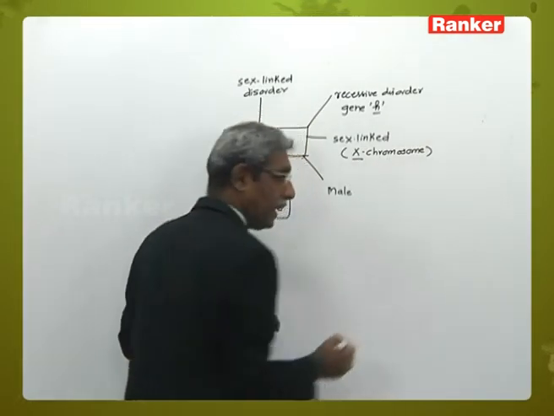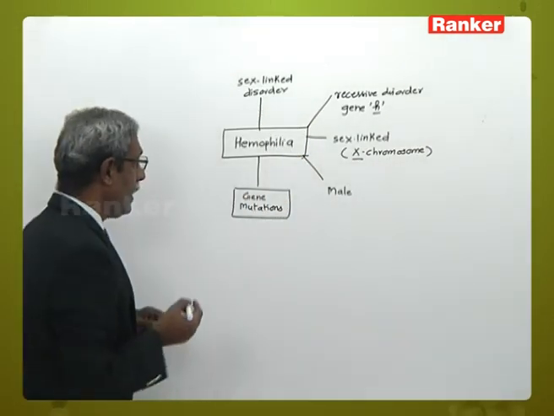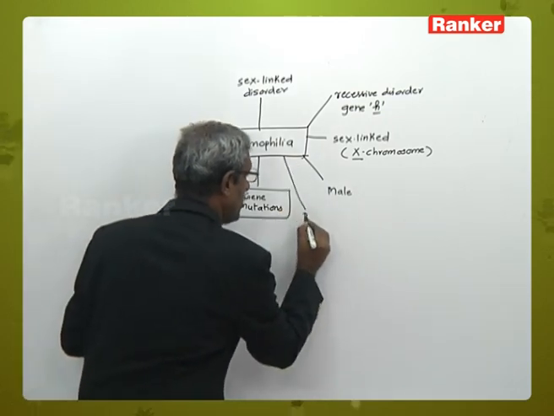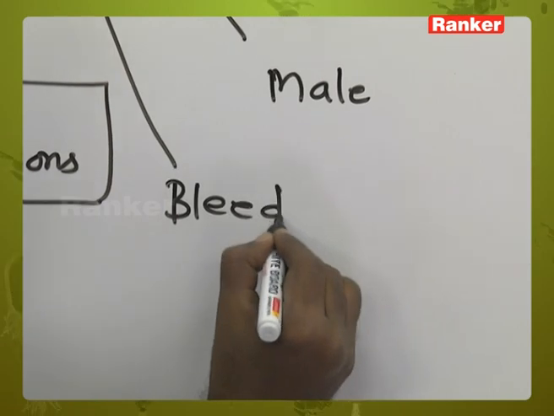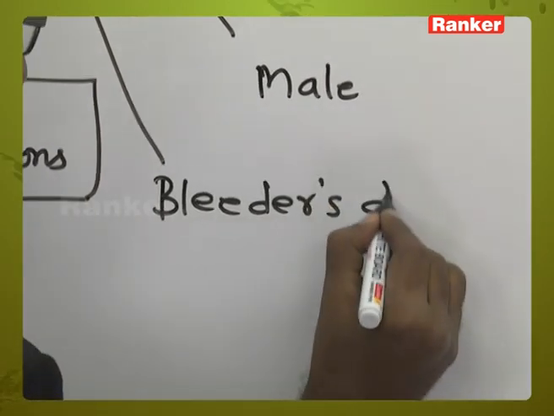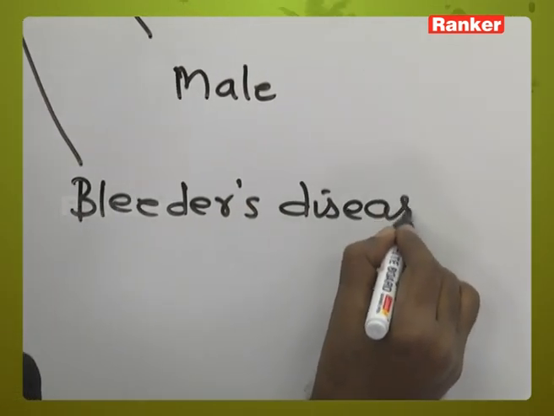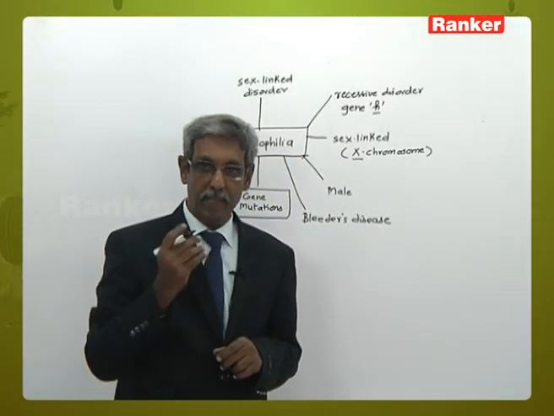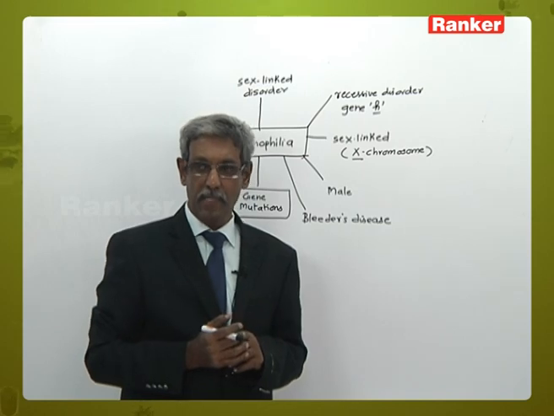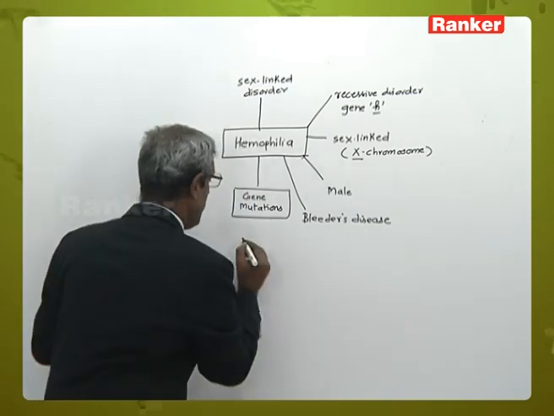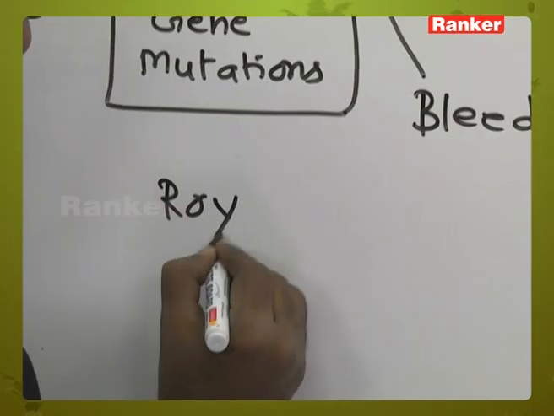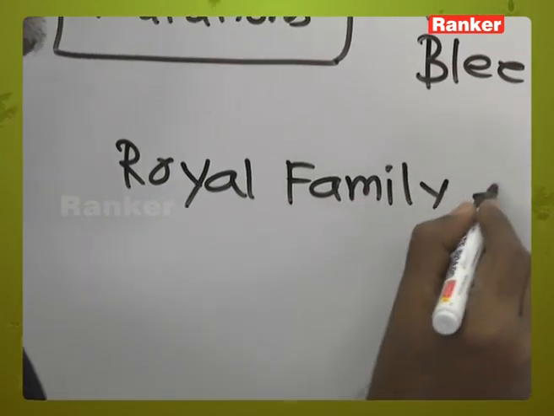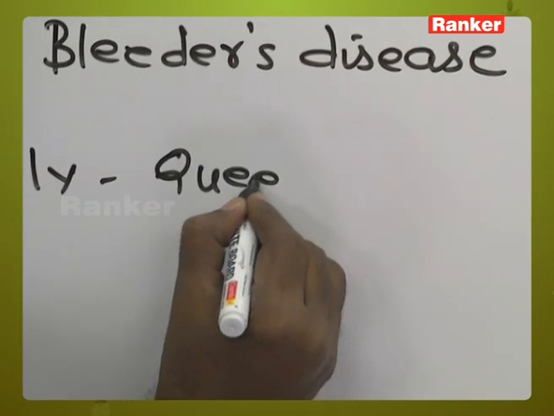Hemophilia is popularly termed the bleeder's disease, and it is one of the diseases which occurred in the royal family of Queen Elizabeth.